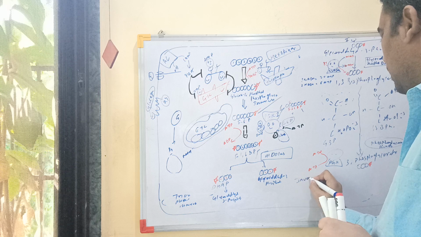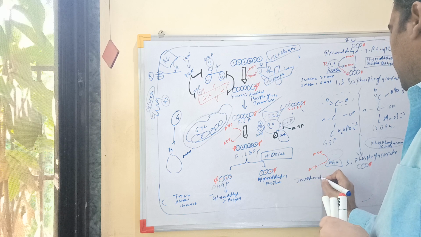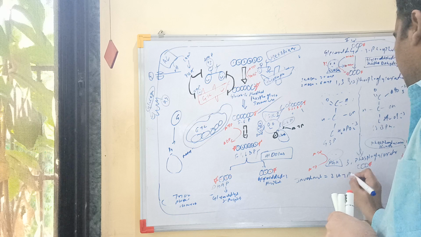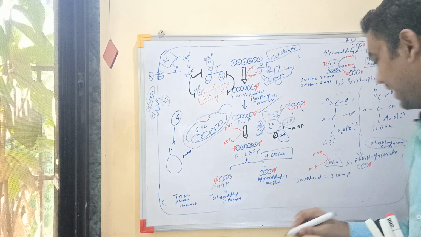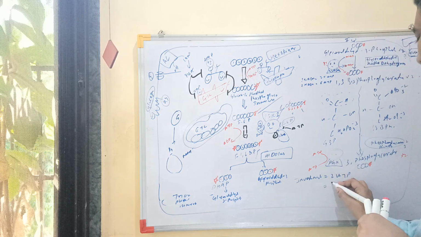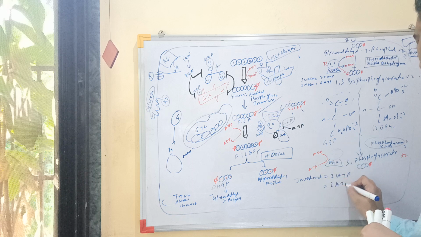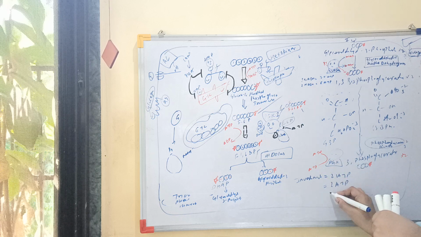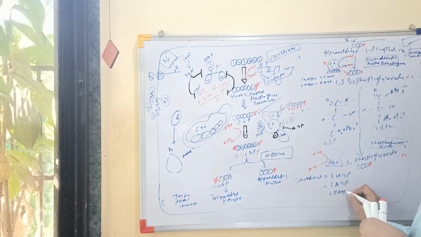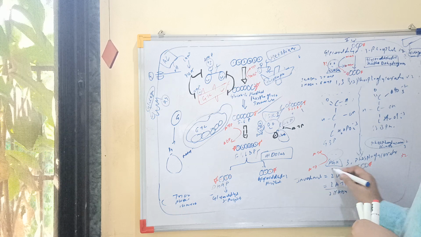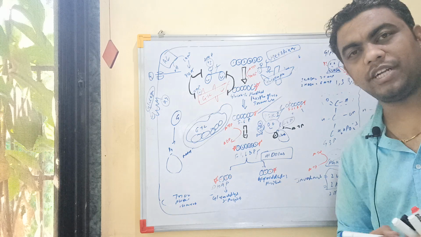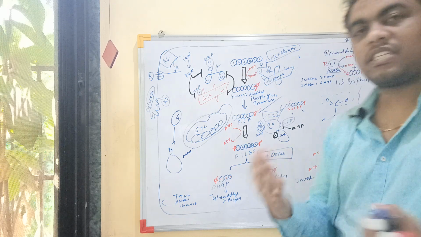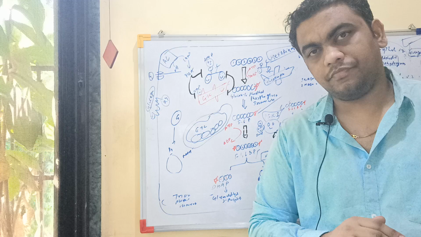Investment is 2 ATP, and what we are getting in return कितना मिला है? Just now we have got 2 ATP, and of course we have also got 2 NADH, but we will just talk about ATP for now. So we have got 2 ATP. That means जितना invest किया था उतना return आ गया in this step.